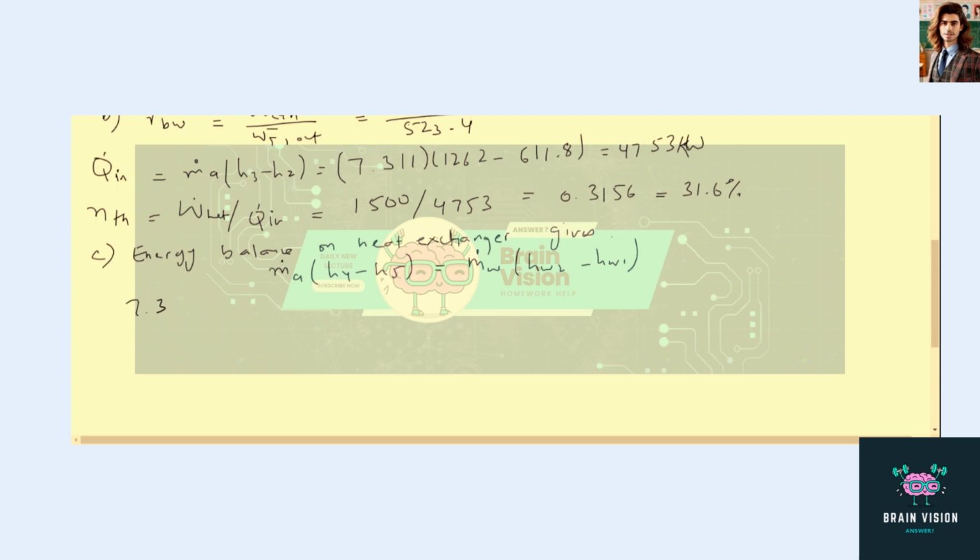That is 7.311 into (738.5 minus 605.4) equals mass of water into (2792 minus 64.47). So the mass flow rate of steam will be 0.3569 kg per second.